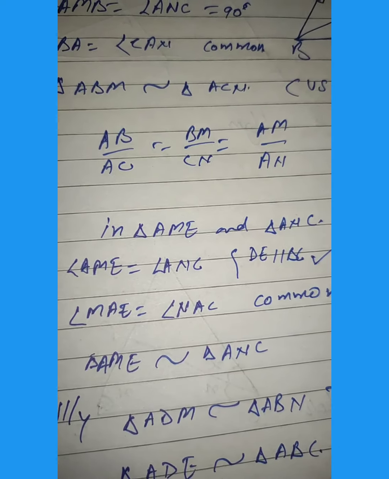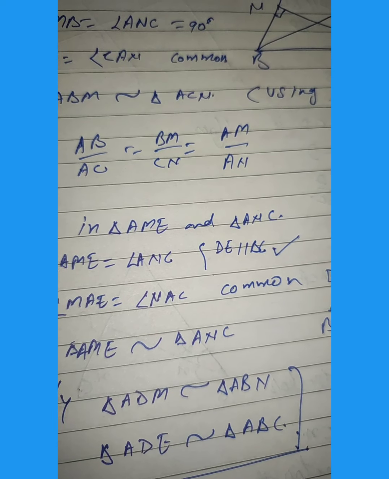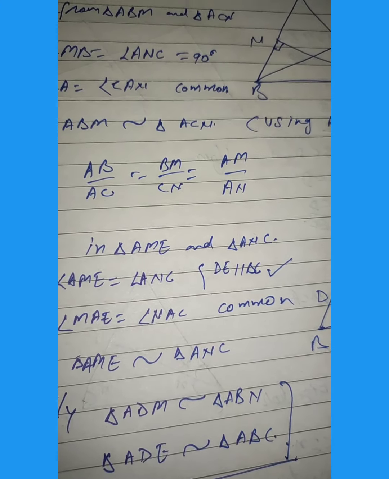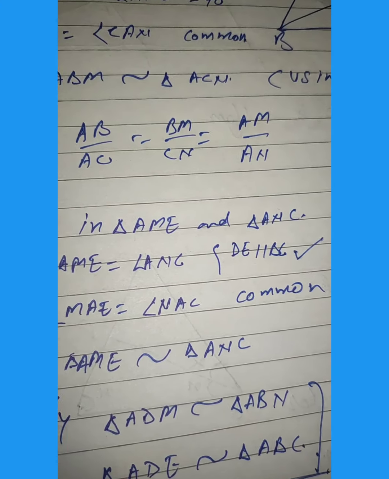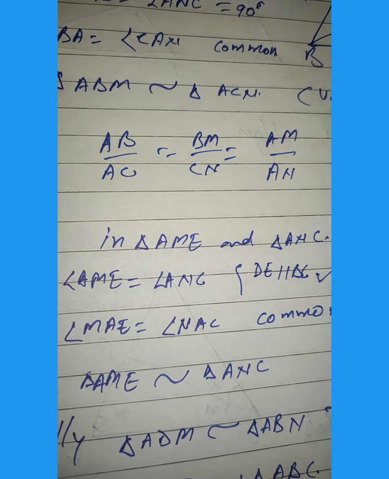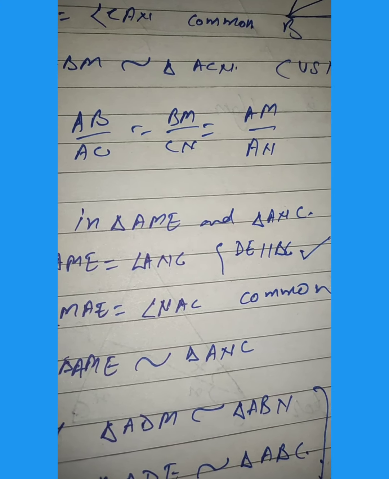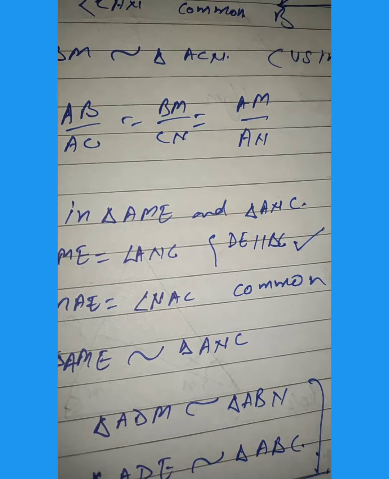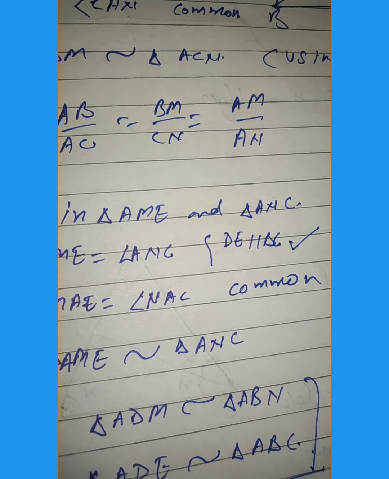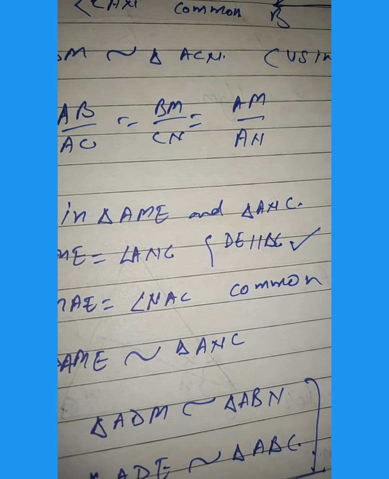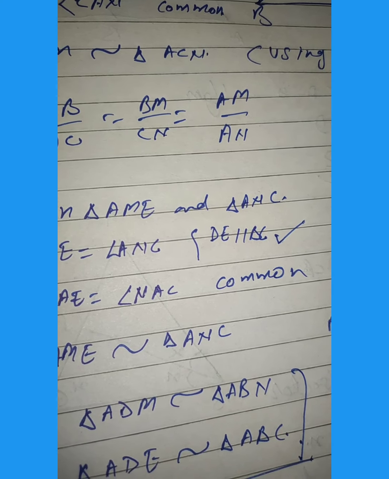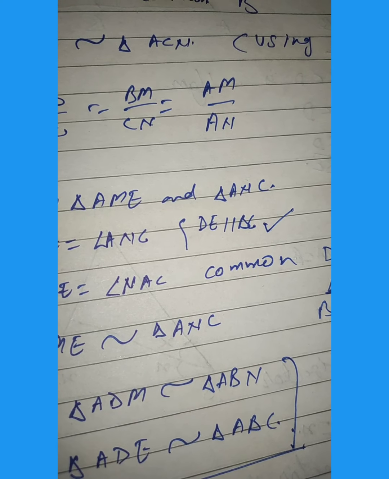In the second part, we have to find the length of ME and DM using the same criteria. When you prove that triangles AME and ANC are similar, their corresponding side ratios are equal, and in the same way, using triangles ADM and ABN, you can find the value of DM.